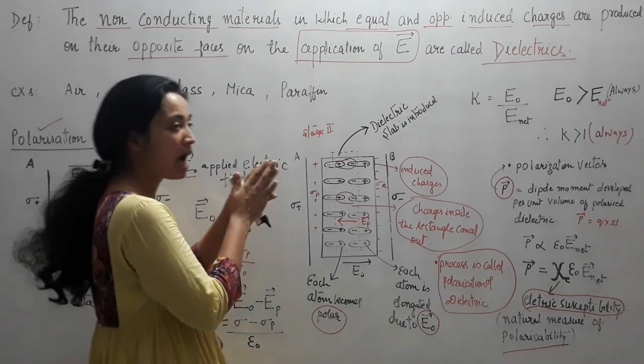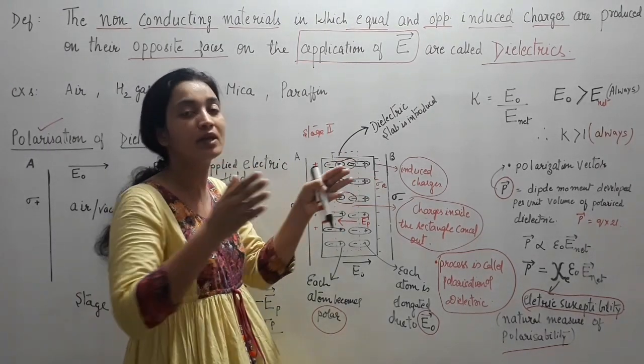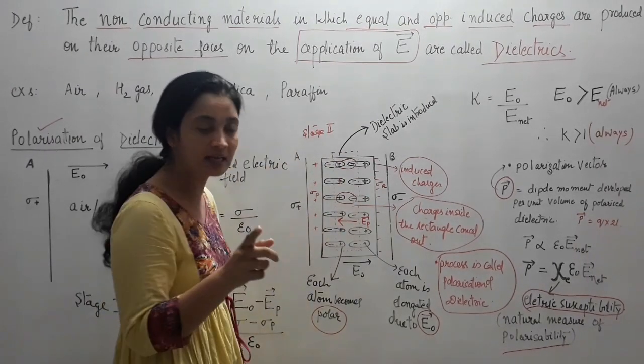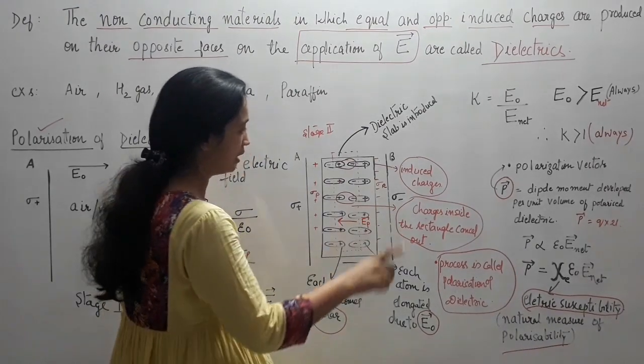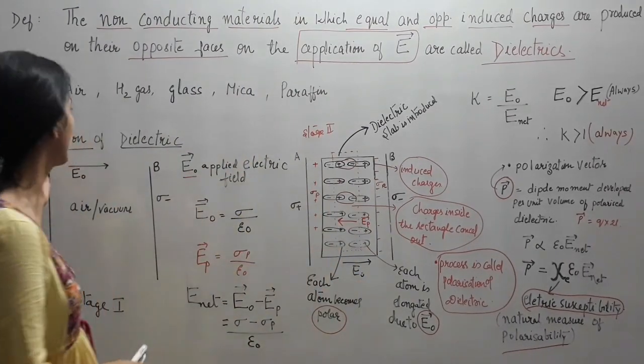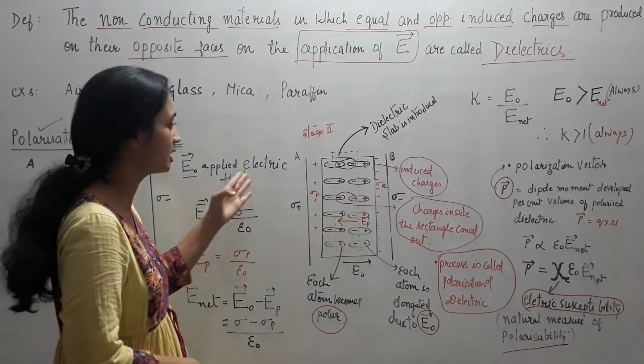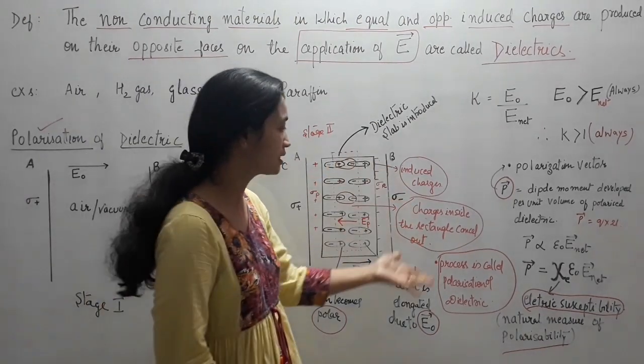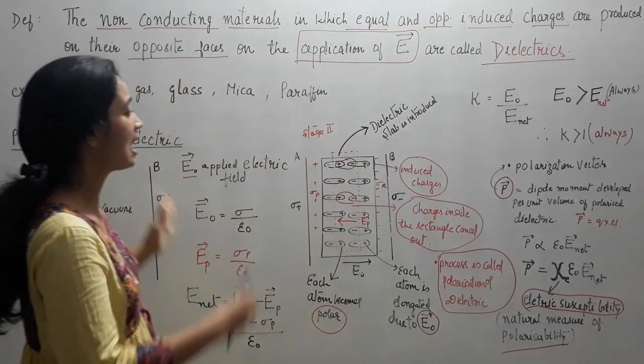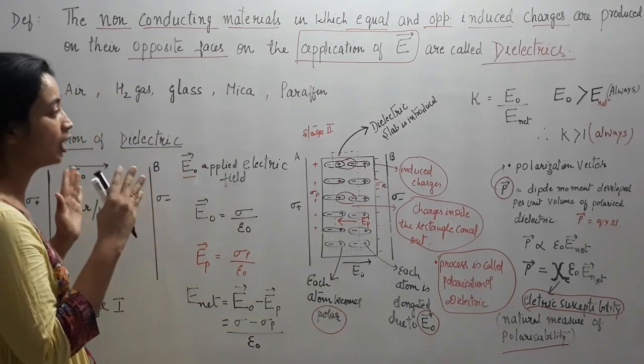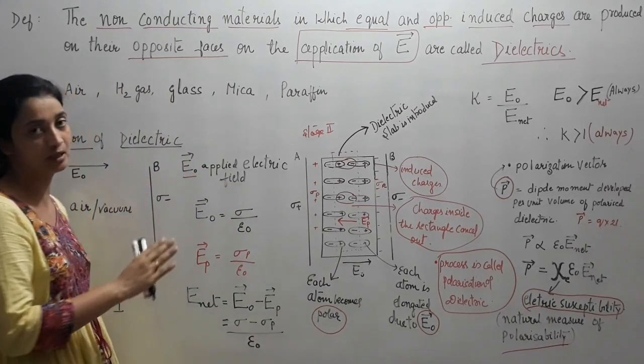Polarization is nothing but charge pole separation, positive and negative pole separation. Why do they get separated? Due to the applied electric field. So here you have a few new terms: polarization, susceptibility, and induced charges. You can look at the previous episodes to understand it well.